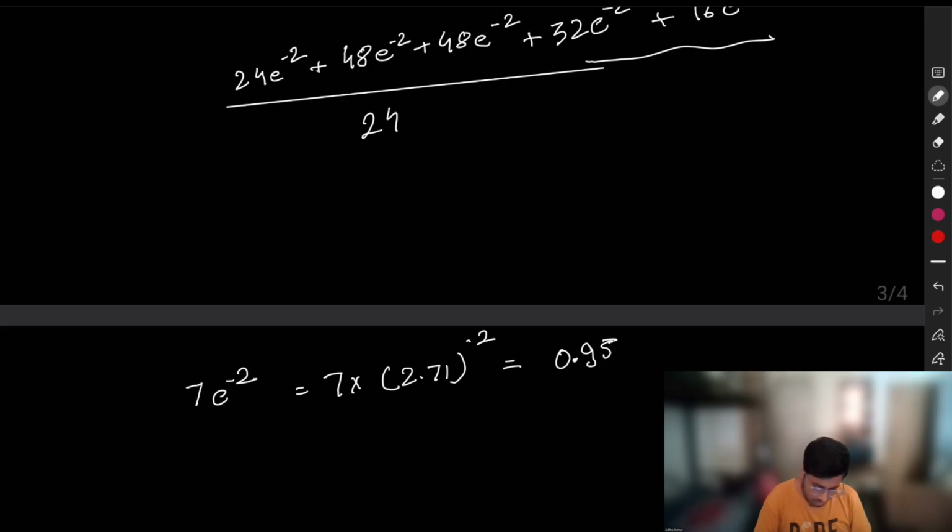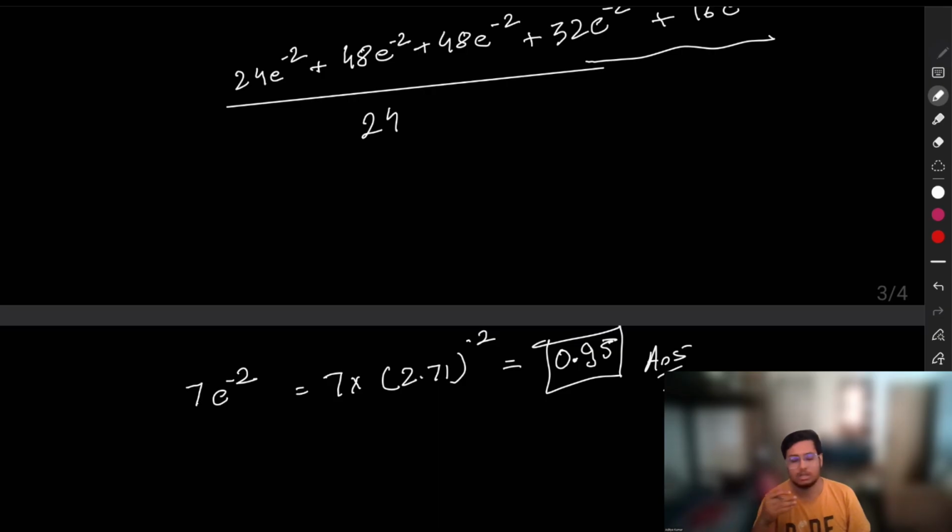Let's calculate. 7 multiplied by 2.71 raised to the power minus 2, yeah, 0.95. So this is our answer to the problem.